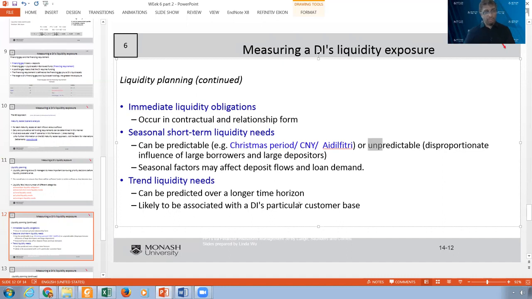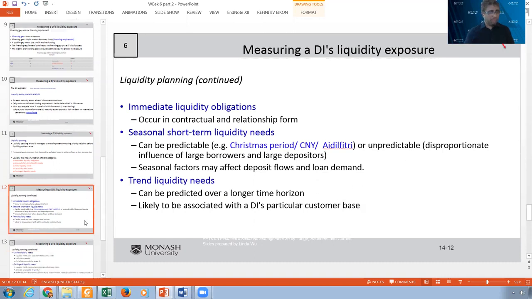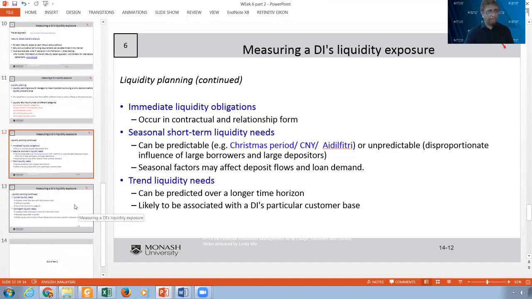If your customers, for example, 90% are from the Chinese race, then in this case, you expect Chinese New Year to have high withdrawals. If you are living in areas where there are two other races, then they have their own celebrations, and it depends on your customer base and their withdrawals. This has to have some analysis. It has nothing to do with race. It has to do with liquidity behavior.